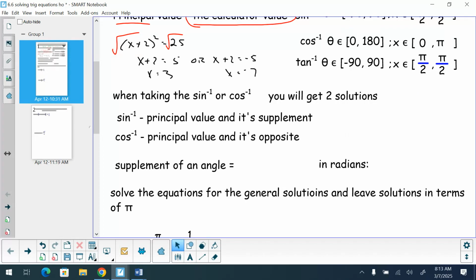We got, once again, the principal value. Your calculator will give you a value to start out with, but then we also have its opposite. So when taking inverse sine or inverse cosine, we have to worry about two solutions. Principal value and supplement for inverse sine; principal value and its opposite for inverse cosine.